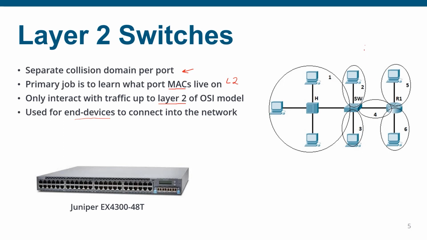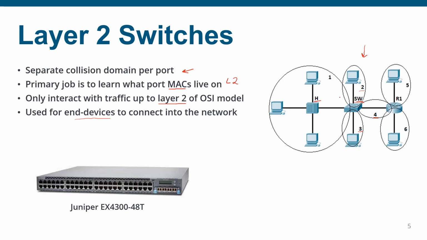As we see here in our diagram, we have a switch that connects multiple end devices into the network and also to a router. We do have our hub. Hubs are largely not used anymore. Switches have become very cheap, and hubs are very inefficient, only allowing for half-duplex communication when more than 1 or 2 devices are connected.